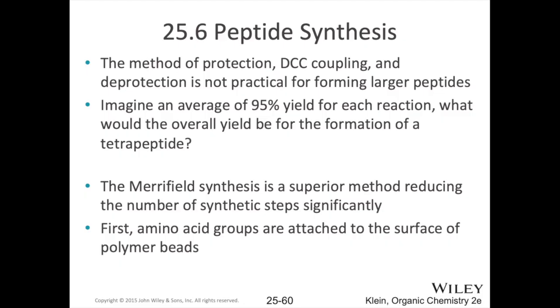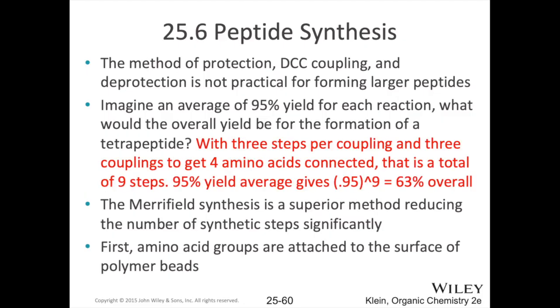We're talking about like 63% here, because it's not just 4 steps we're talking about, right? We're talking about an additional 2 steps for each amino acid for protecting and deprotecting. So that adds up to give us 9 steps, right?